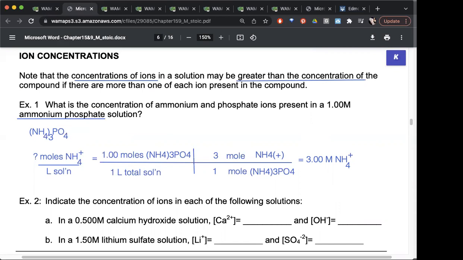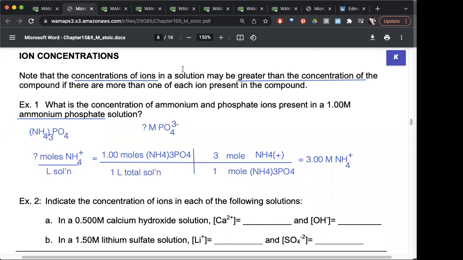What about phosphate? What is the molarity of the PO4 3 minus in that same solution? Well, those are going to have 1 phosphate for 1 compound.